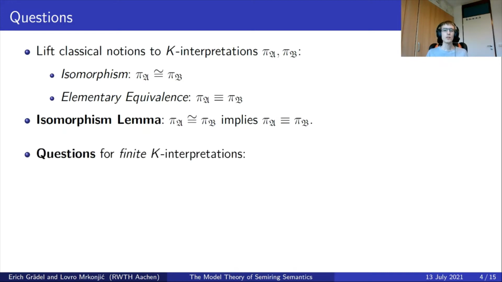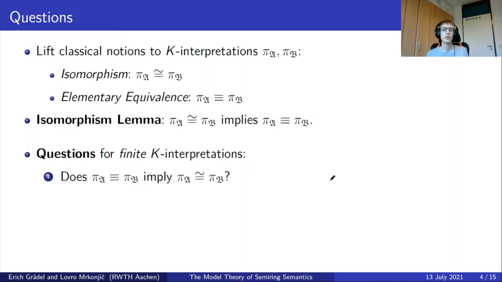Now we could ask whether the converse holds as well, at least for finite K-interpretations. So if two finite K-interpretations are elementarily equivalent, does that mean that they must be isomorphic? Now, we know that for classical structures this holds for finite structures, because we can axiomatize them with one sentence.